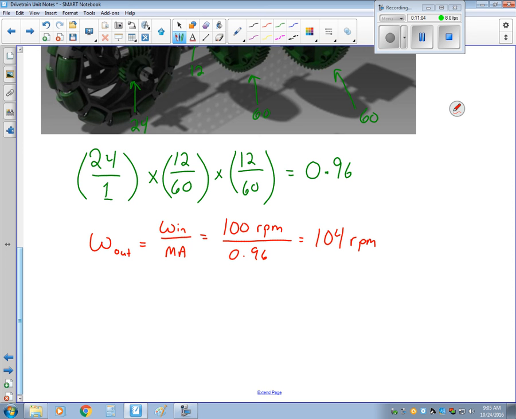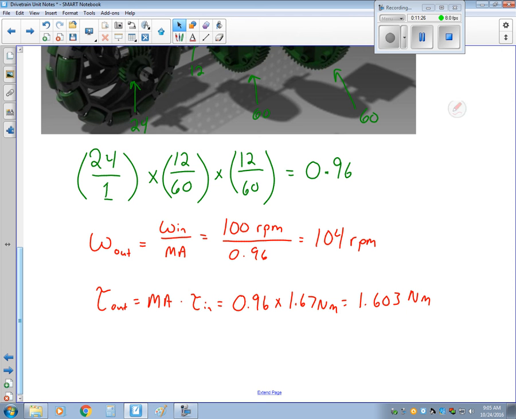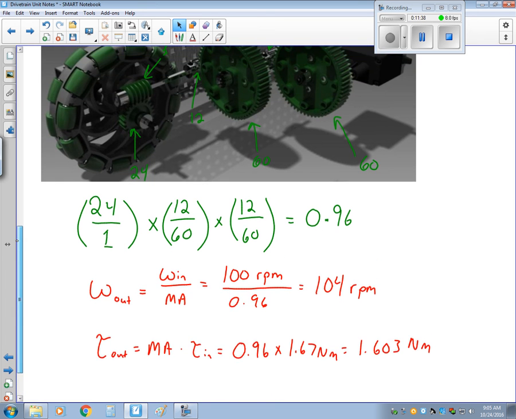So we get a slight increase in speed. And we get a slight decrease in torque. Honestly, this system has a mechanical advantage that's really close to 1, so we would not be losing a whole lot. It'd almost be like sticking a motor on that wheel.